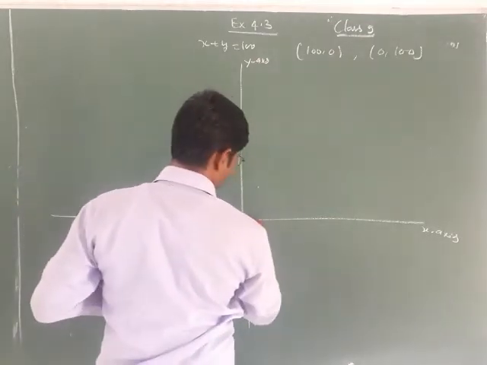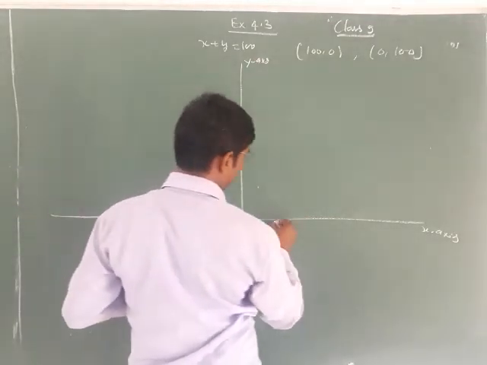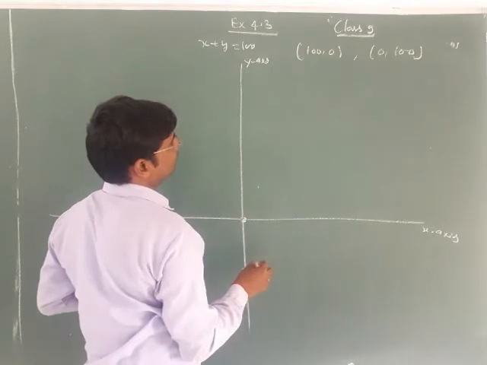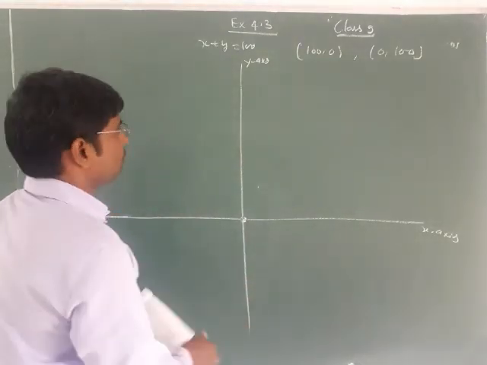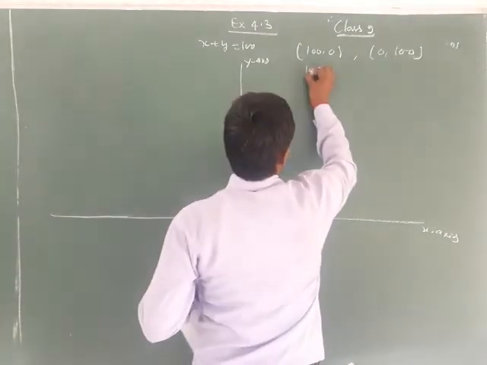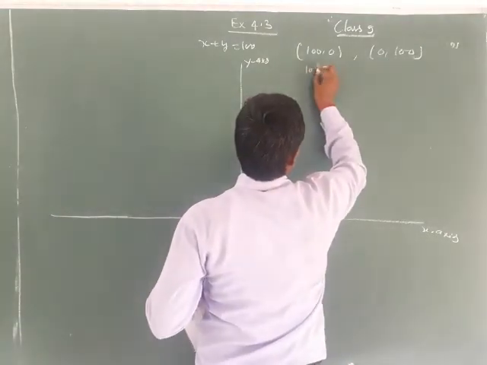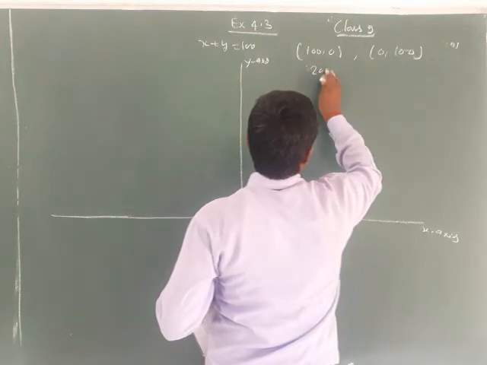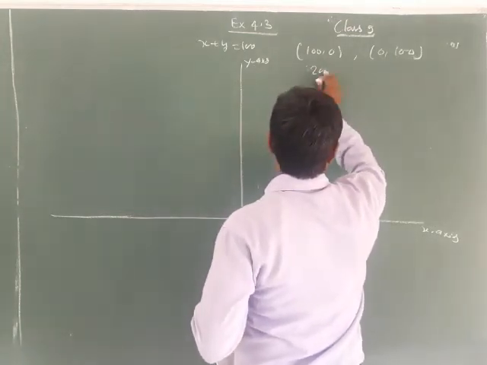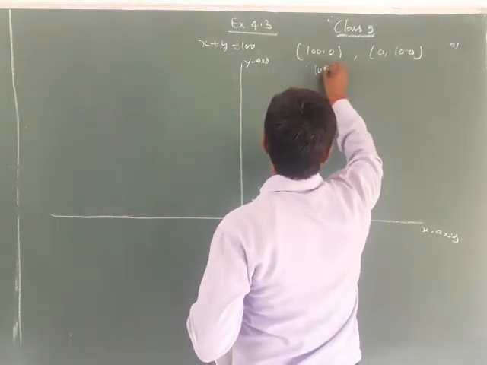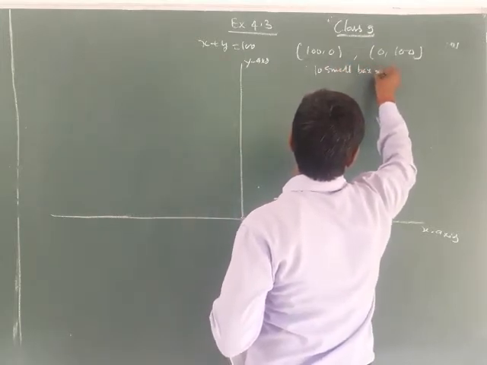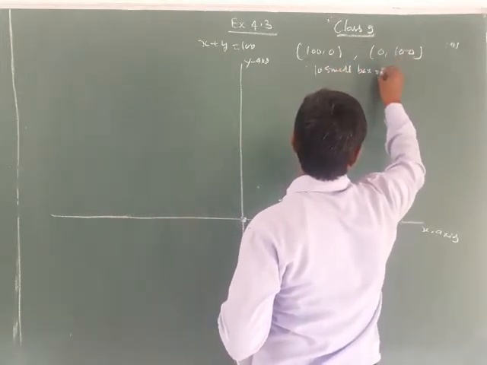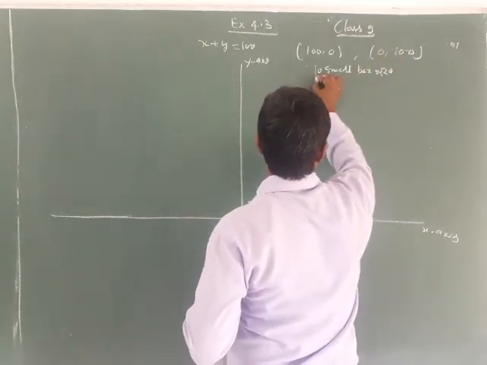Take 0 and go to the right side, positive. Let 10 small boxes be equal to 20 rupees.